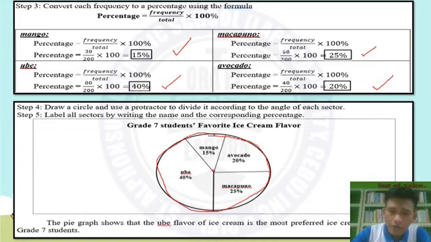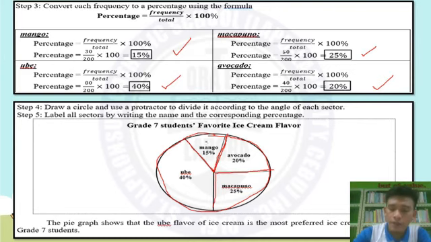So, mango. Using the degrees of the mango and using the protractor, like this. For avocado, the degrees of avocado, as well as the makapuno and ube. So in step 5, you name each frequency.